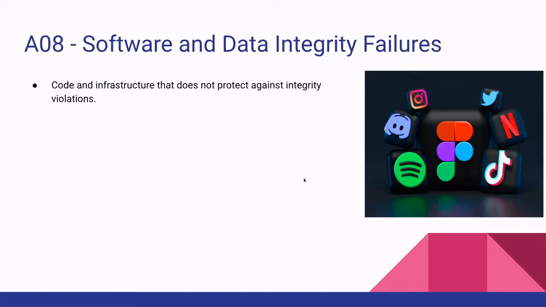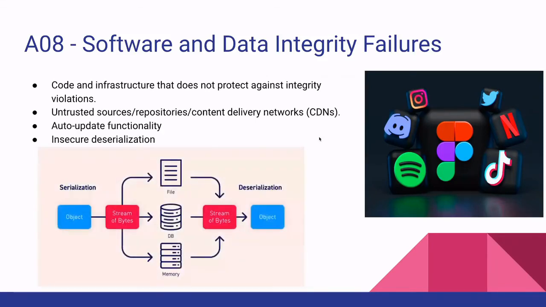And how do we make sure that whatever we download is not tampered with? Let me jump directly to an example that will make it clearer. If your application is downloading from untrusted source repositories or CDNs, then you might be susceptible to software and data integrity failures.